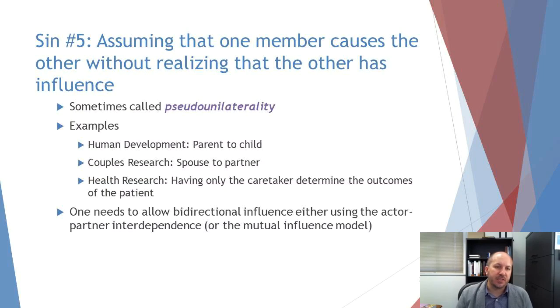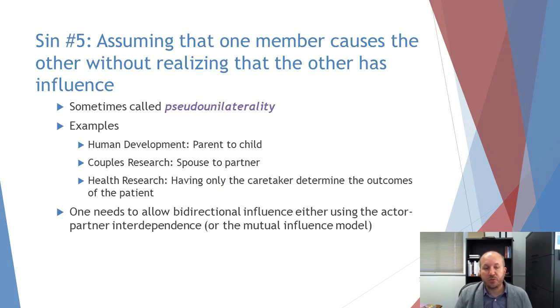The fifth sin is assuming that one member causes the other without realizing that the other has influence. So this is a big word here, but pseudo-unilaterality. What this is doing is essentially when you're having a predictor be a parent score and the outcome be a child score, and assuming that without doing a dyadic analysis.